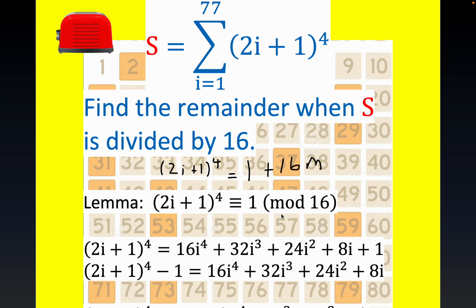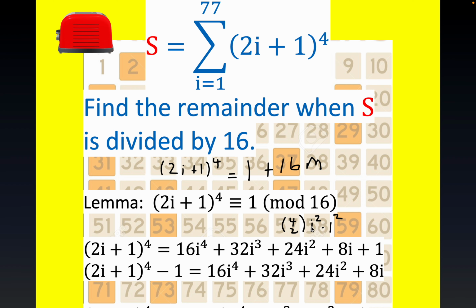This term right here would be 4 choose 2. I'll just do one of them. Times i squared, times 1 squared, right, 4 choose 2, and then we already, now, oops, sorry, that's wrong.